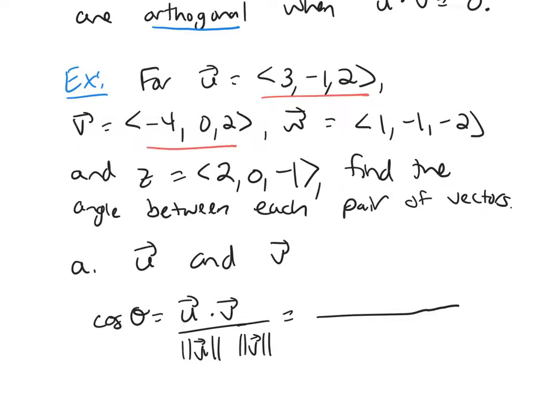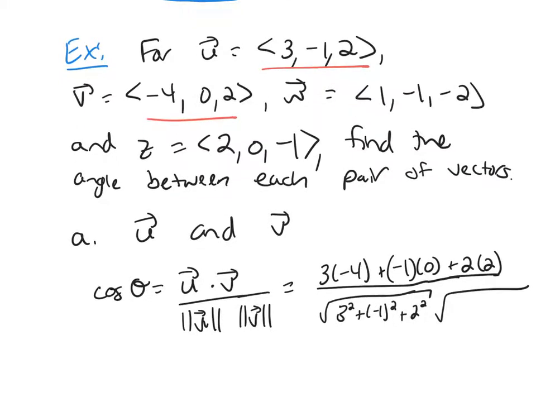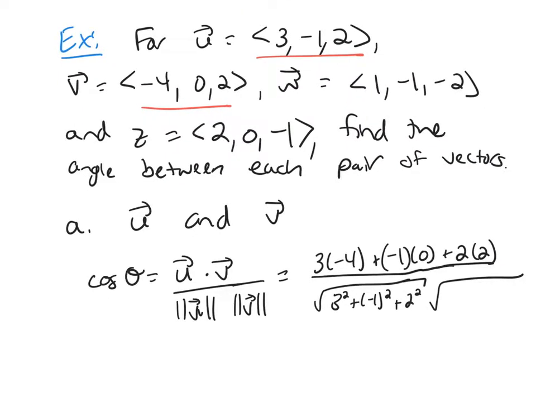Let's compute the dot product: 3 times -4, -1 times 0, and 2 times 2, divided by, now let's find the magnitude of u. It's the square root of 3 squared plus -1 squared plus 2 squared, times the square root of, now the magnitude of v, -4 squared, 0 squared, and 2 squared.